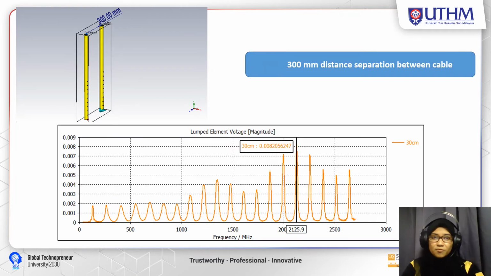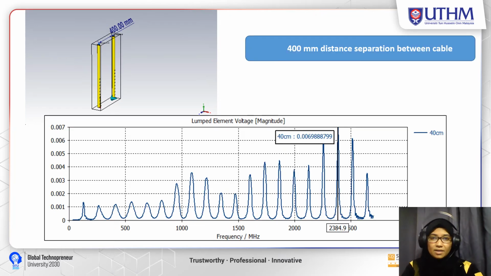Next, for 0.3 meter distance separation between cables, the maximum induced voltage is 0.008 volt. For the 0.4 meter separation between cables, the maximum induced voltage is 0.006 volt.